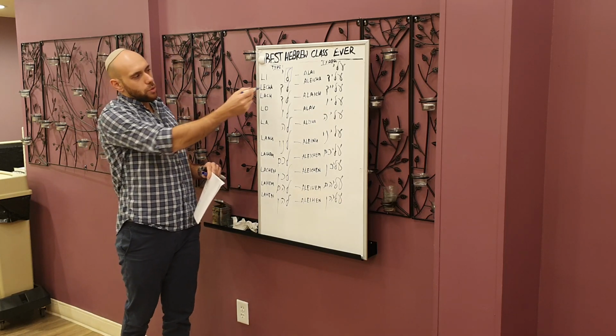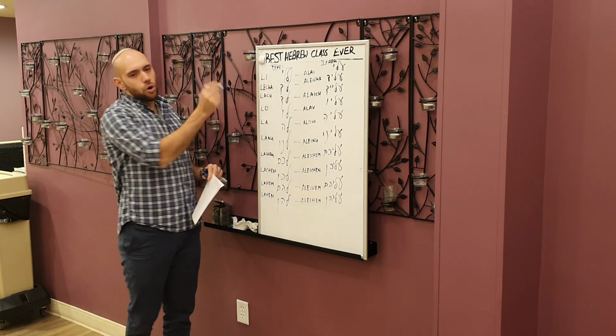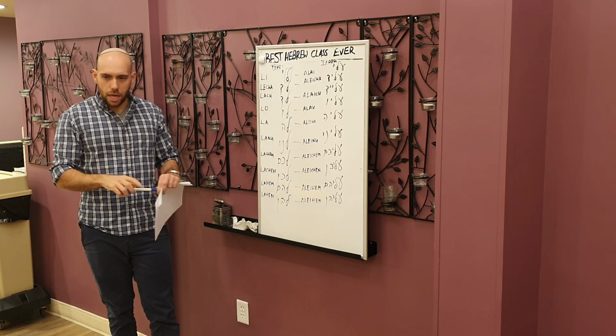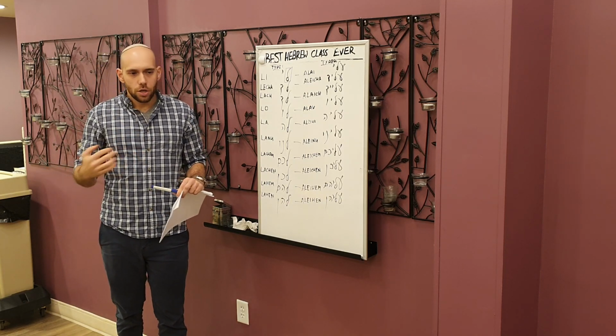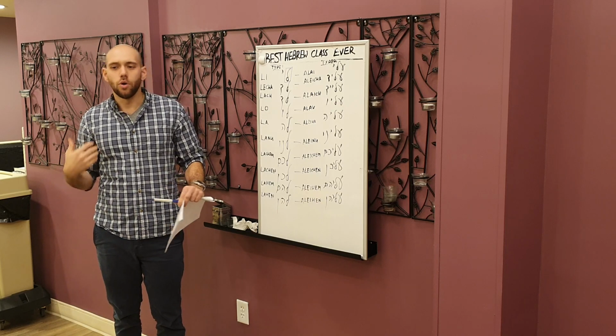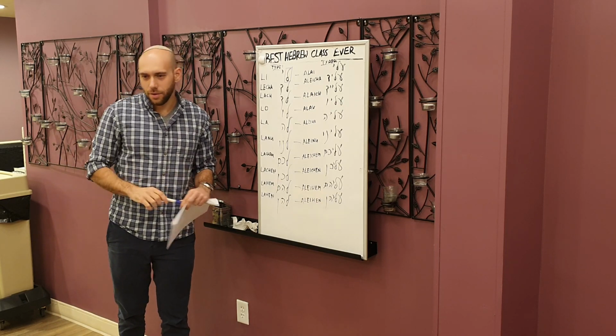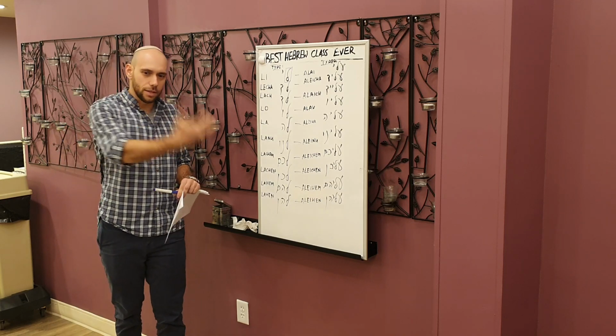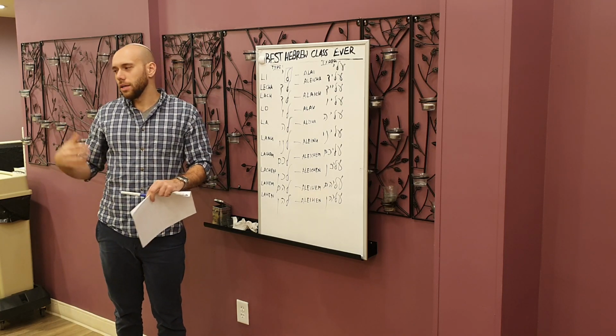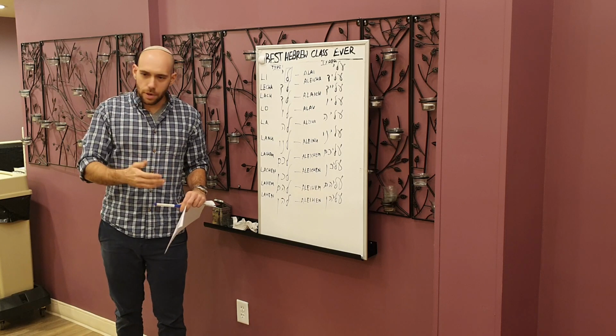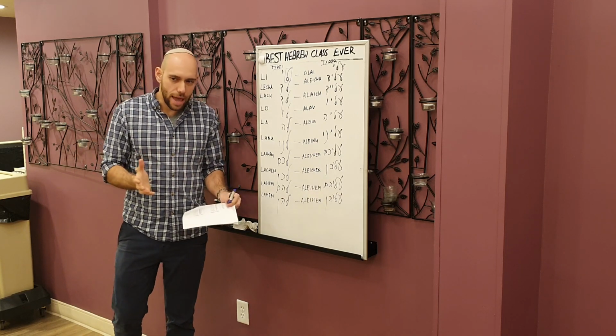So in Hebrew, the way it works is, if you say give the book to Arkady, you'd say le Arkady, right? So you just say lamed and then the person's name, or lamed and whatever noun it is. It could be a noun.